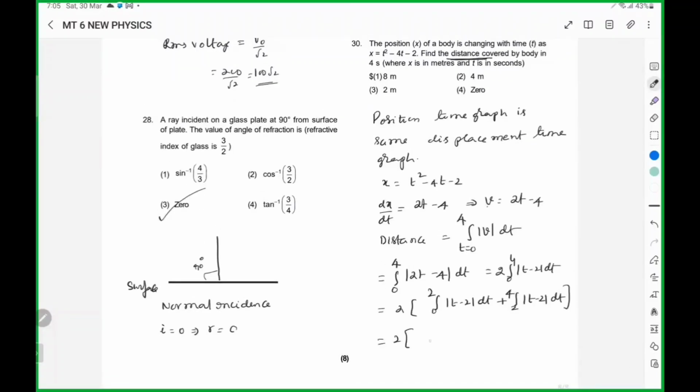Here it is integral 0 to 2, it is negative, minus t minus 2 dt, plus 2 to 4, inside one is positive, we write dt.